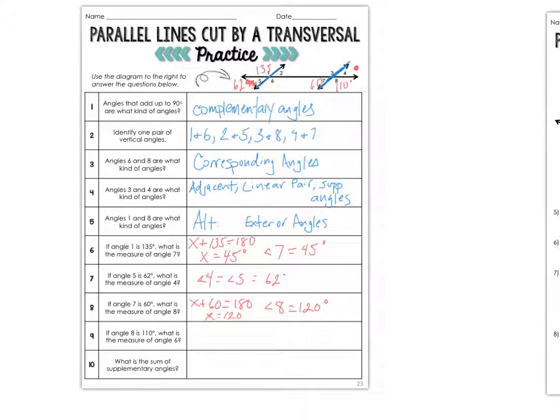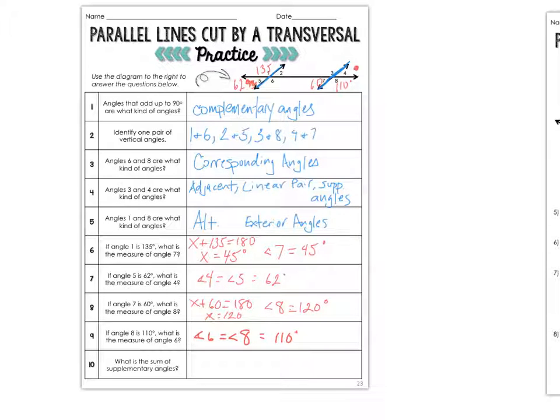What's the relationship between 6 and 8? Well, there is one. They are corresponding. When you have parallel lines, corresponding angles are equal to each other. So angle 6 is equal to angle 8, which is equal to 110 degrees.